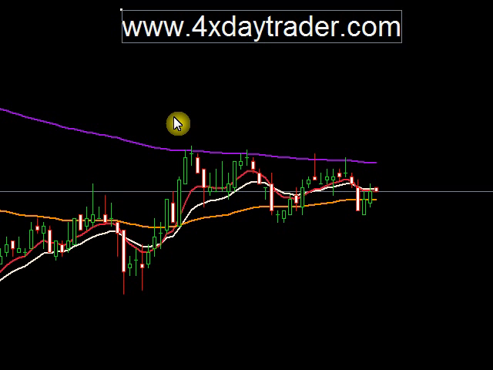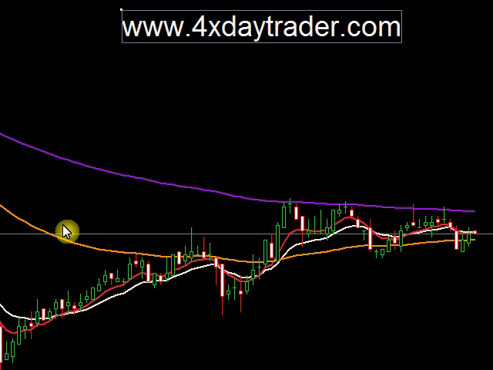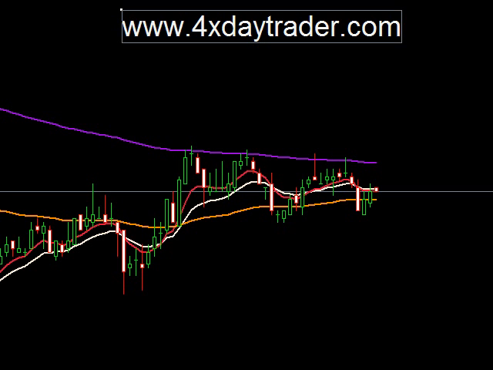So one thing that used to confuse me about drawing trend lines was that the market changes, and I always kind of looked at a trend line, I guess my first initial thoughts were that it's a fixed line.